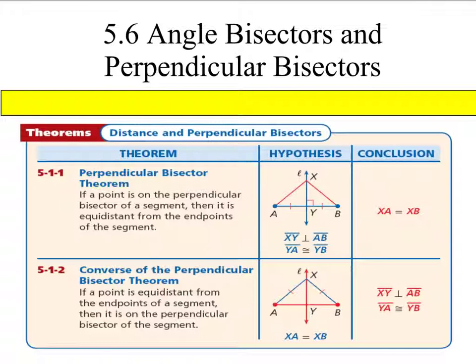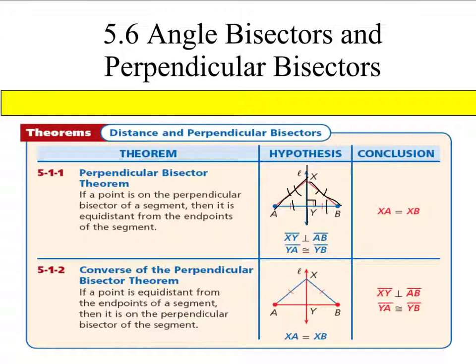If you look at this, the theorem states that if you have a perpendicular line that goes down to a 90-degree angle, that's what a perpendicular angle is, and these two segments, AY and BY, are congruent, so where it bisects that line, then the sides of these two triangles, XA and XB, have to be also congruent or equal to each other.